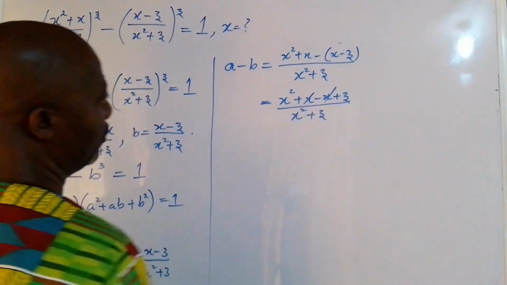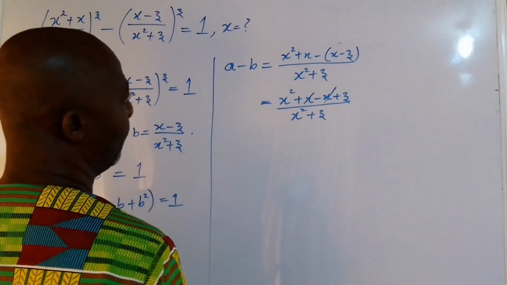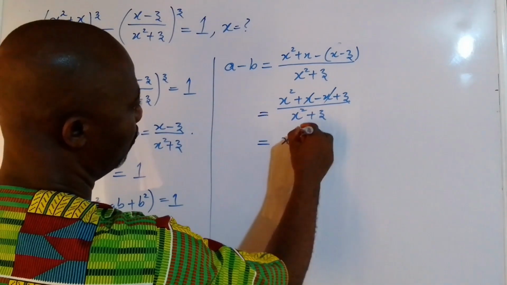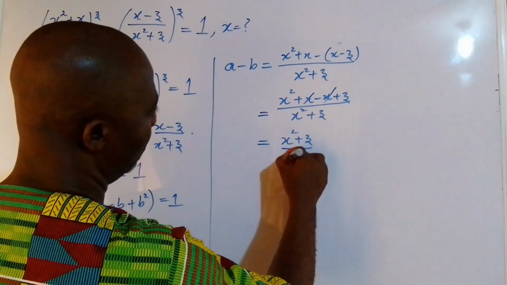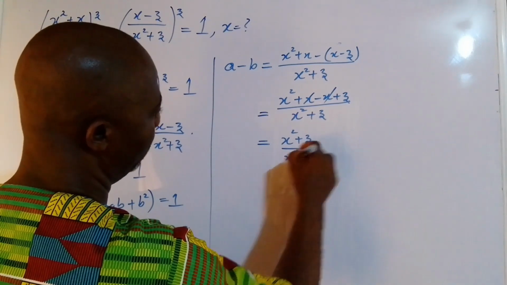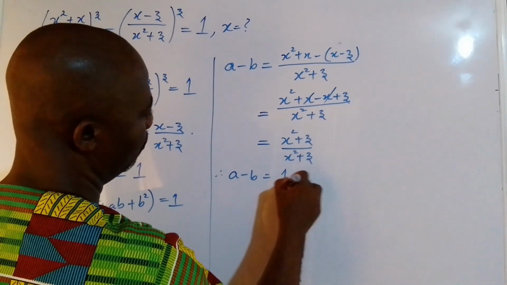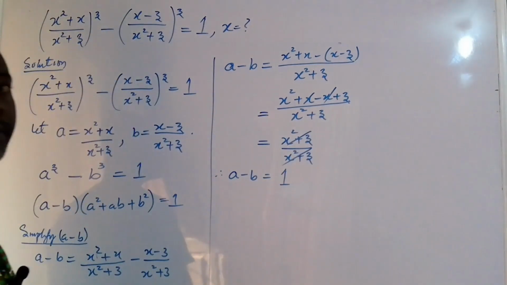So this and this will cancel out. So we are going to have (x squared plus 3) all over (x squared plus 3). Therefore, a minus b will be equal to 1 once this is divided.